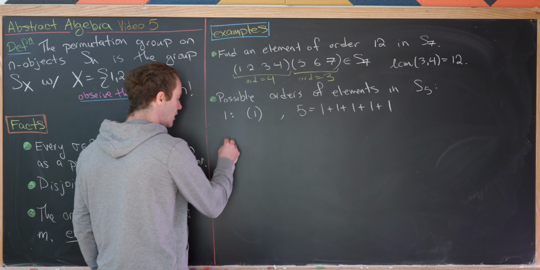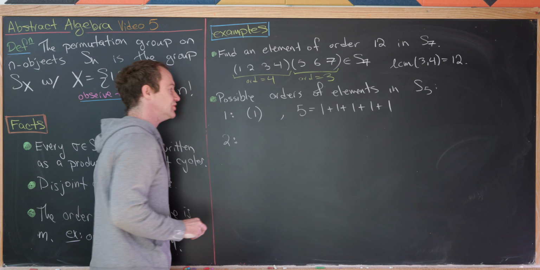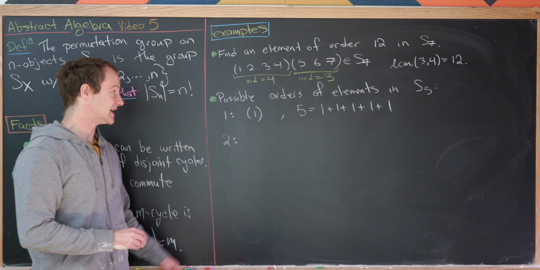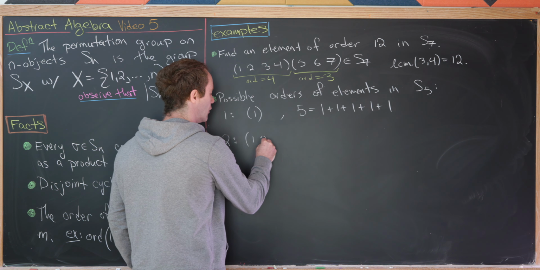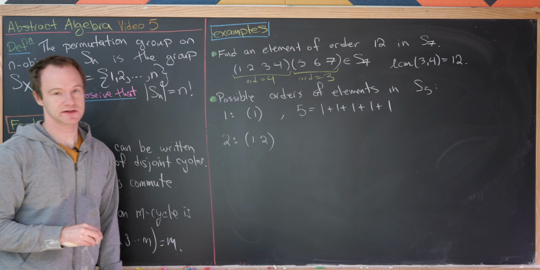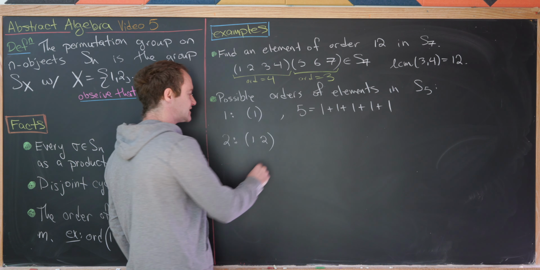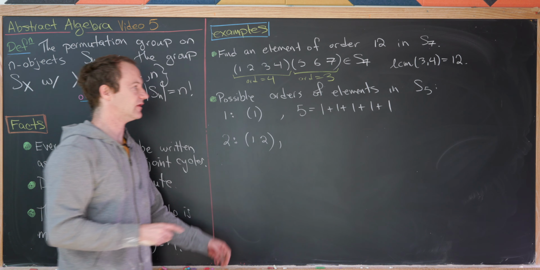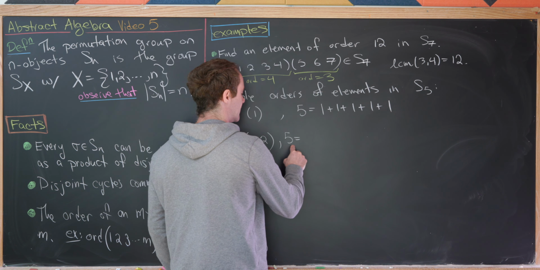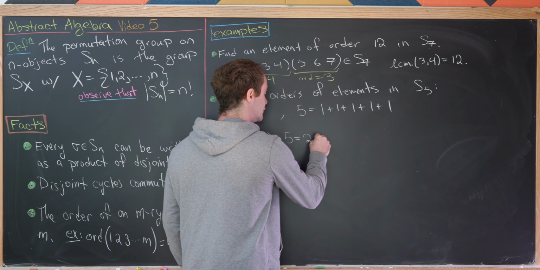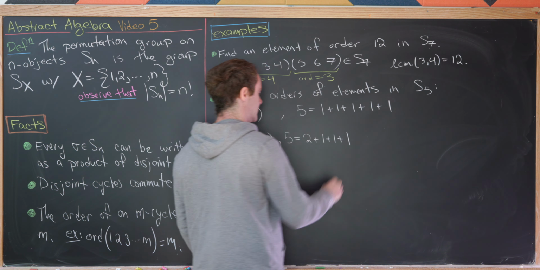Okay, so we could also have an element of order 2. For example, this could be any 2-cycle. So maybe the 2-cycle (1 2) would be a canonical example. That's associated to having a 2-cycle and then three 1-cycles, so that's like looking at the partition 2 plus 1 plus 1 plus 1.